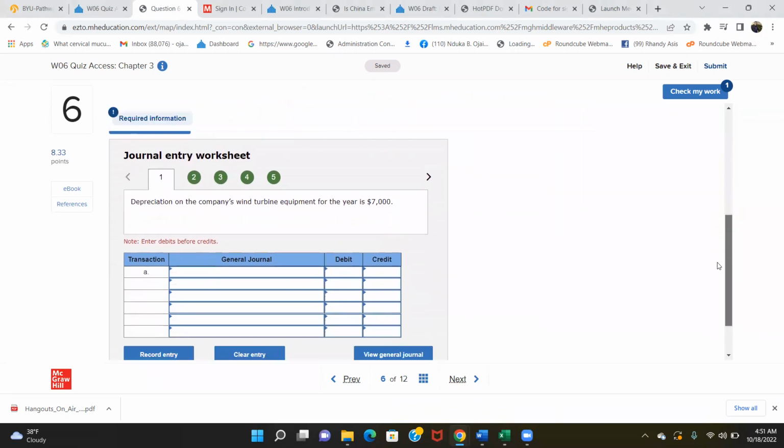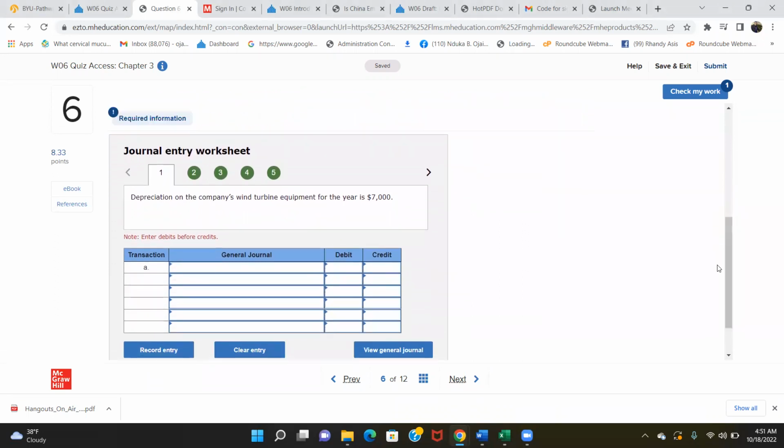If you go to where they are all explained, the first question is depreciation on the company's wind turbine equipment for the year is $7,000.